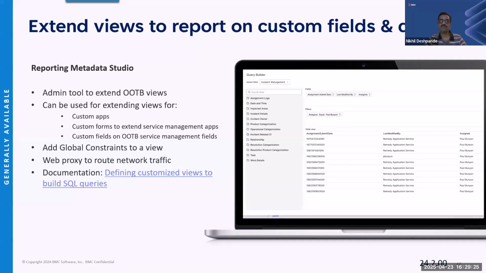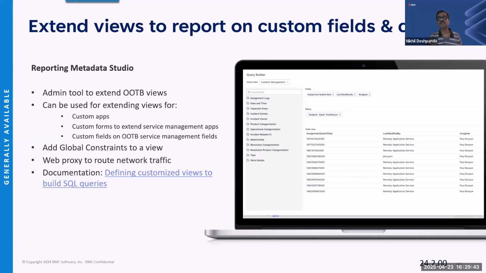We also have the ability to add global constraints. So global constraint is a very powerful feature in that it allows your admins to set up conditions that must be applied every time a user generates a report on that view.